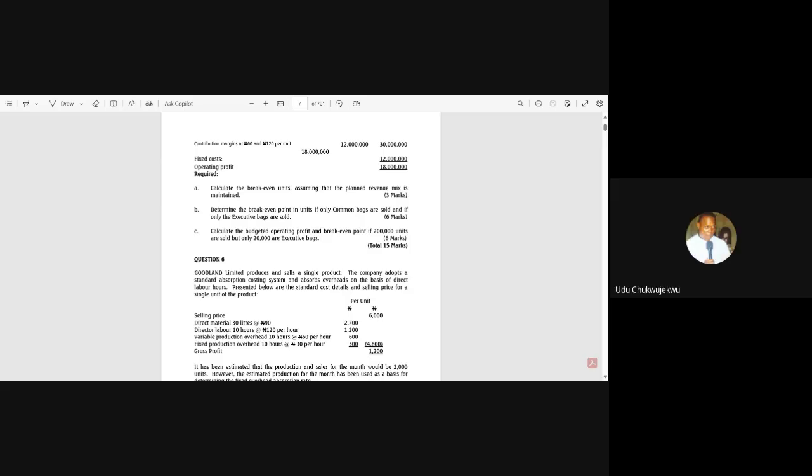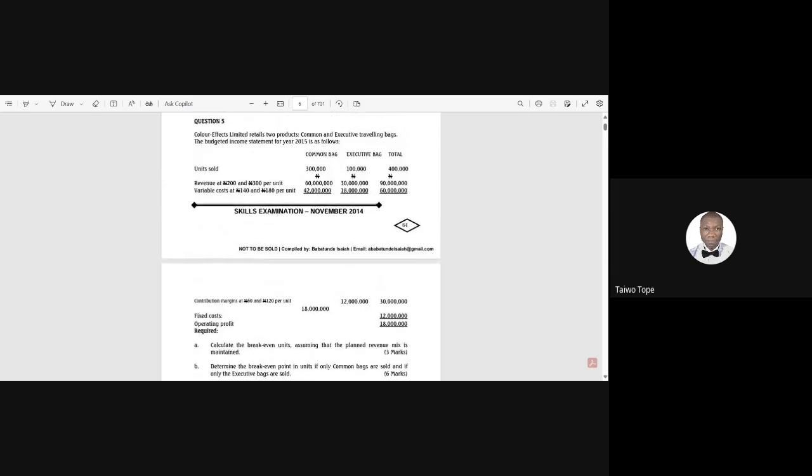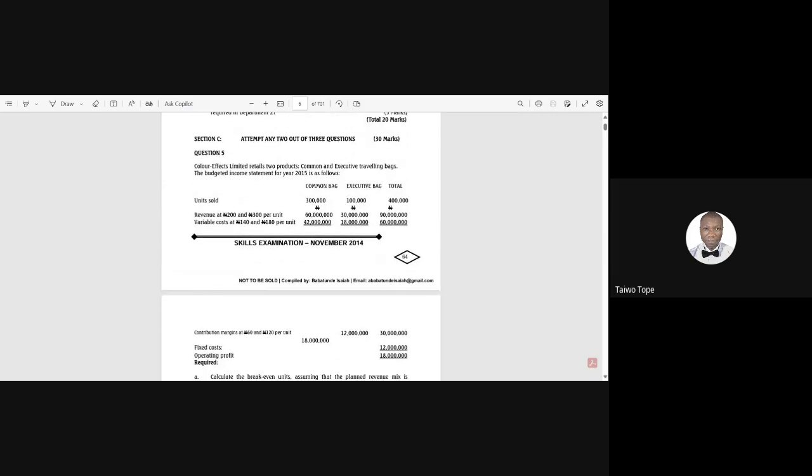That's 200 minus 140. That is the contribution per unit. So the total I used, that's 60 million minus 42, that is 18 million, dividing it with 12 million. So it's not in line.